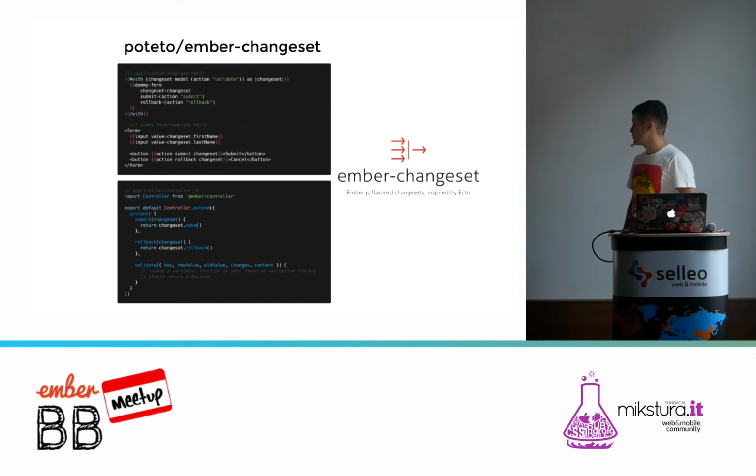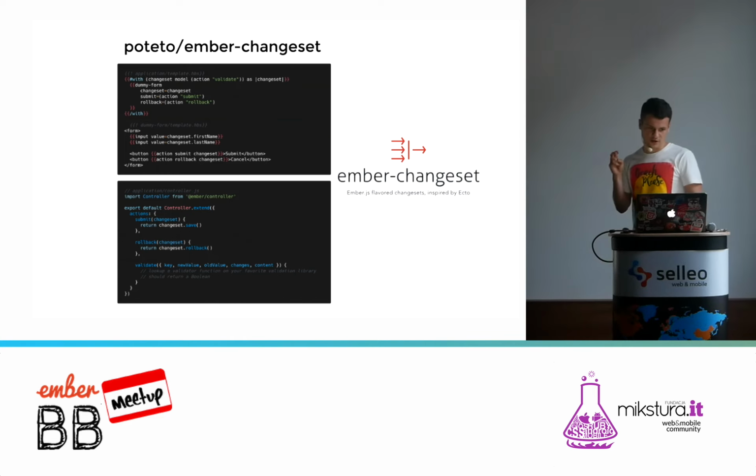Okay, another add-on, from the same author, that is connected with Ember Parachute is Ember Changeset, which helps you deal with forms. So you don't have to worry about the connection of the model with a persistence layer like Ember Data.